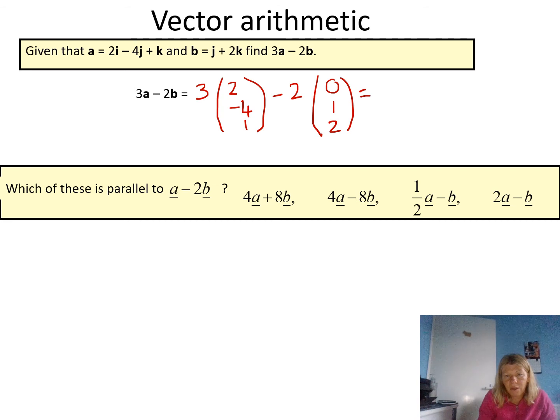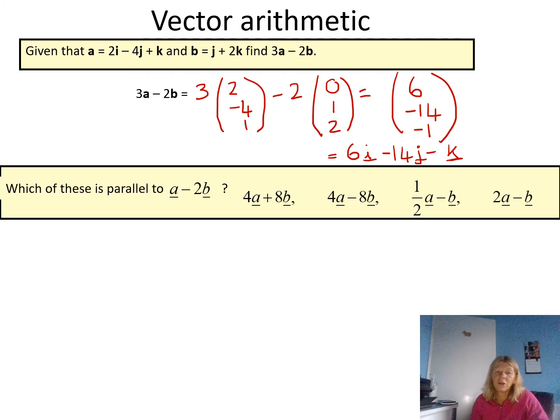If you work this out, that would be 6 take 0, which is 6, minus 12 take 2, minus 14, and 3 take 4, minus 1. So we have that. If you had to write it back in component form, that would be 6i, take 14j, take k.